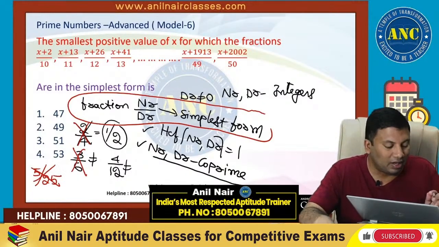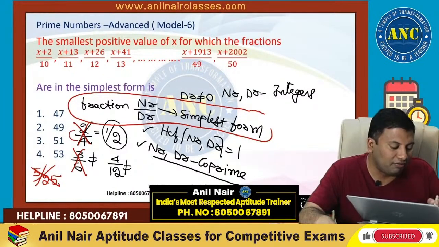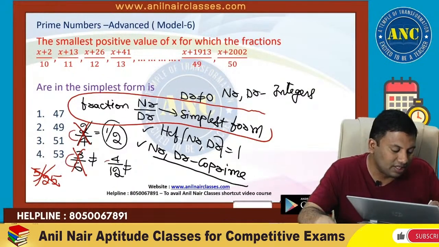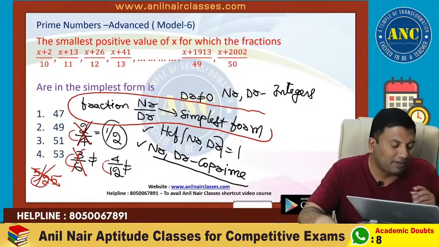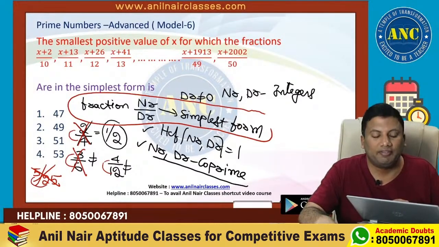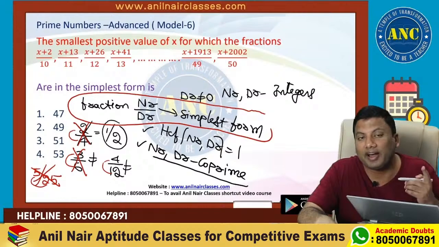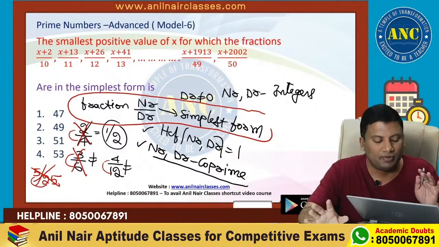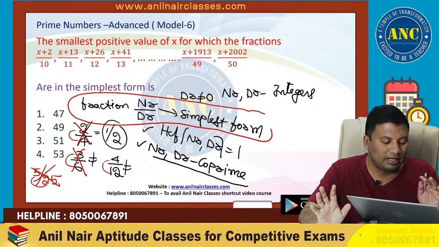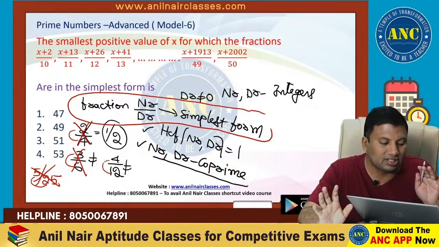multiples of 5. Now if you observe, 2 is a factor of 4, 3 is a factor of 6, 4 is a factor of 12, 5 is a factor of 25. If the numerator is a factor of the denominator, then I am not getting the simplest form.